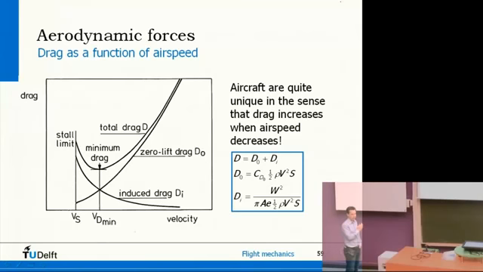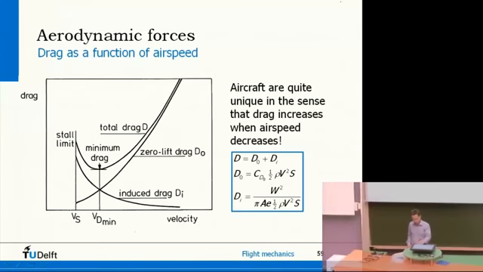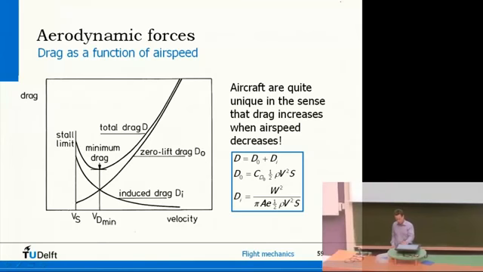Then if you start to increase the speed of the aircraft, the aerodynamic drag is actually reducing. That means at some point you will have a minimum drag, and after that point the drag starts to increase again. So if you look closely at the picture, we have this induced drag term, and this zero-lift drag term.